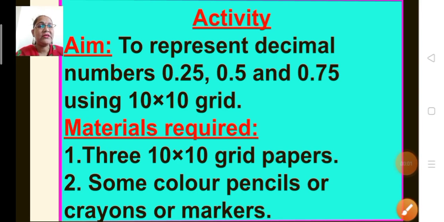Now let us see how to write the theory part of this activity. First we will write the aim, and that is to represent decimal numbers 0.25, 0.5 and 0.75 using 10 by 10 grids. Then you will write materials required. In that, first is 3 10 by 10 grid papers. Second is some color pencils or crayons or markers.